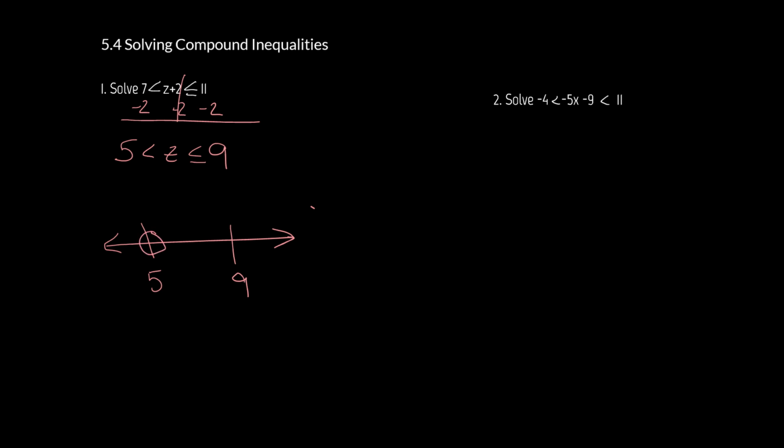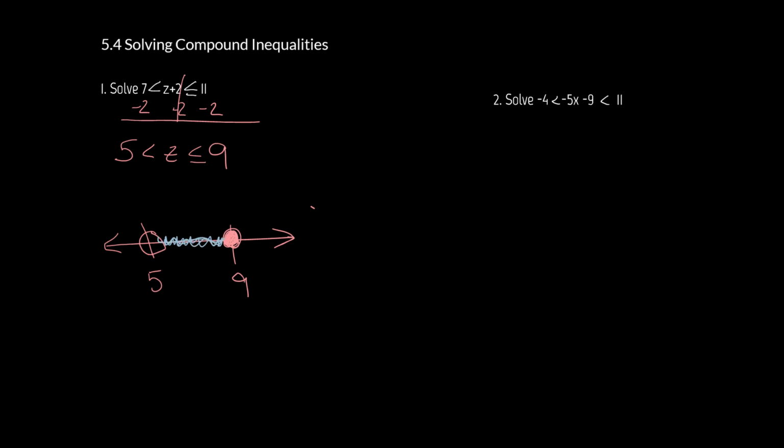And since this is less than or equal to, I'm going to have a closed circle right here. Now, the easiest way for me to tell you is that z is between 5 and 9, literally. Right here, it's between the 5 and the 9. So I'm going to shade between the 5 and the 9. And that is my answer.